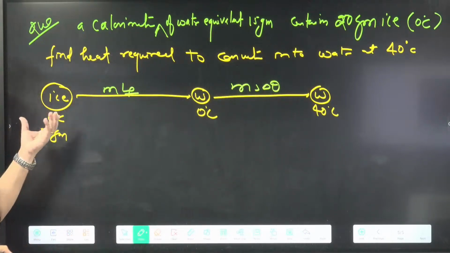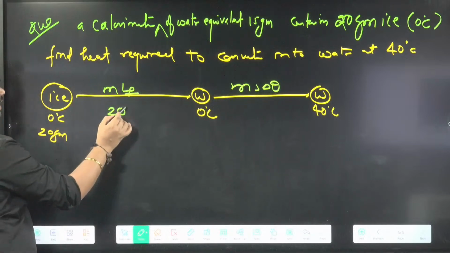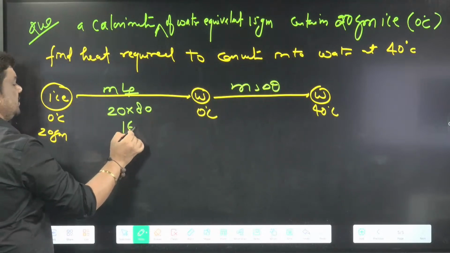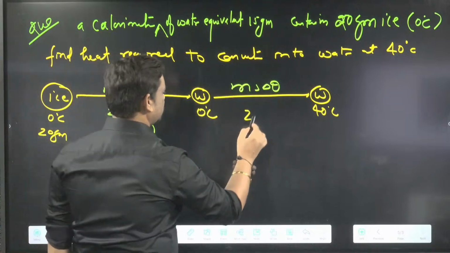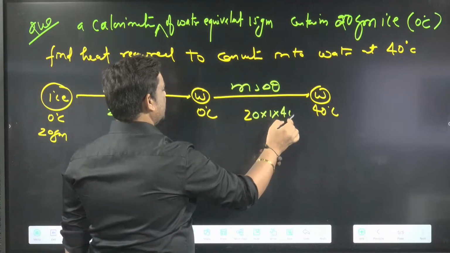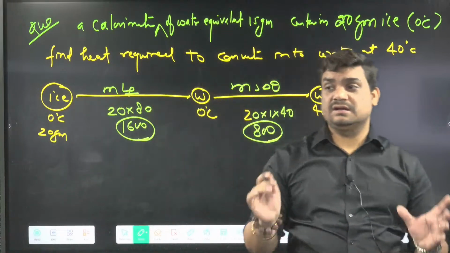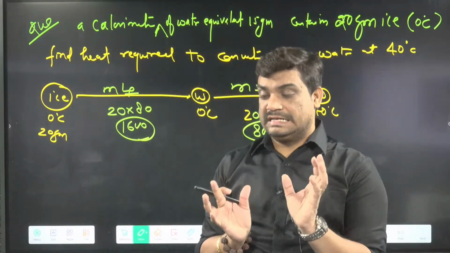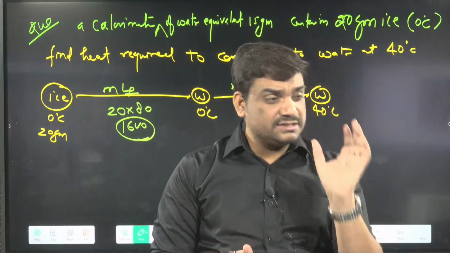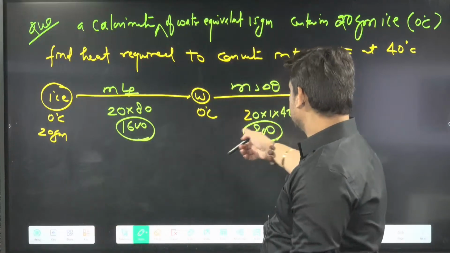Here m is 20, so 20 into 80 is 1600, and 20 into 1 into 40 becomes 800. So the energy required for the ice is this.